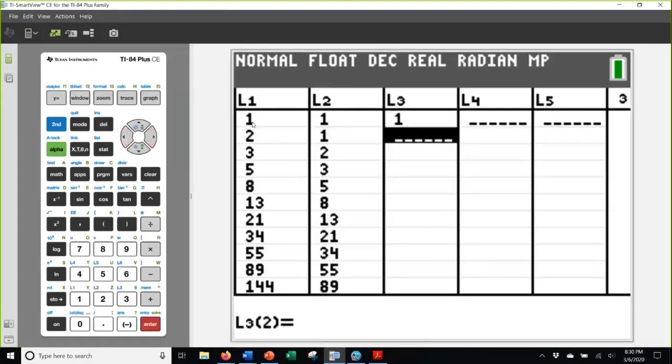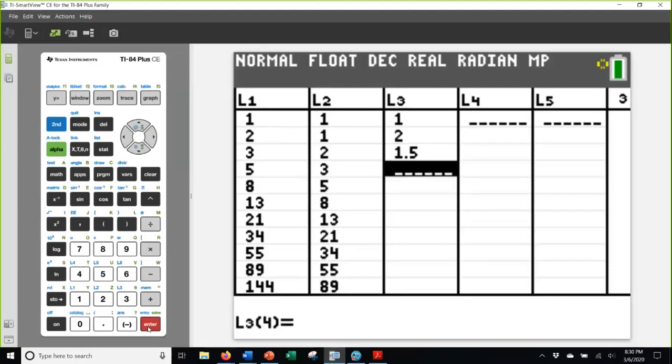If I divide 2 by 1, I get 2. 3 by 2, 1.5. 5 by 3, 1.6. I'm sorry, 5 by 3 is not 1.6, it's 1.666 repeating. 8 by 5 is 1.6.